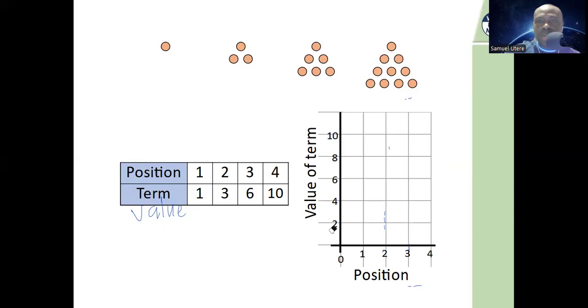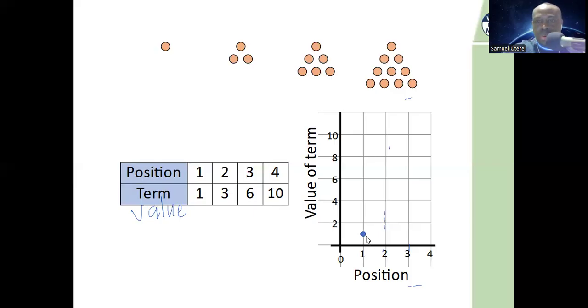Here 1 square represents 1 unit. But here 1 square represents 2 units. So which means that when it's in position 1, our 1 here will be halfway before you get to 2. So it will look like this.